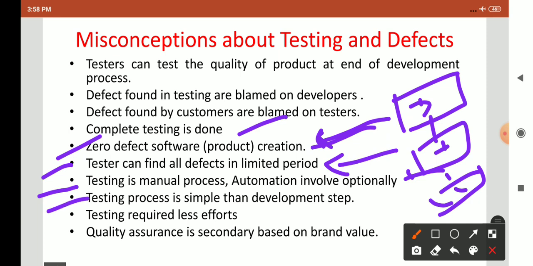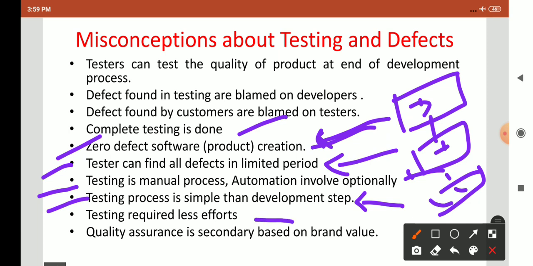Then the next misconception is the testing process is simpler than the development step. For testing you have to follow all the steps which we follow for the development phase. So you have to design, test, and again reply to the developer. So lots of processes you have to follow.